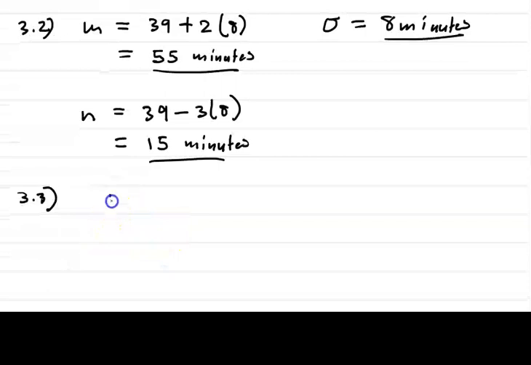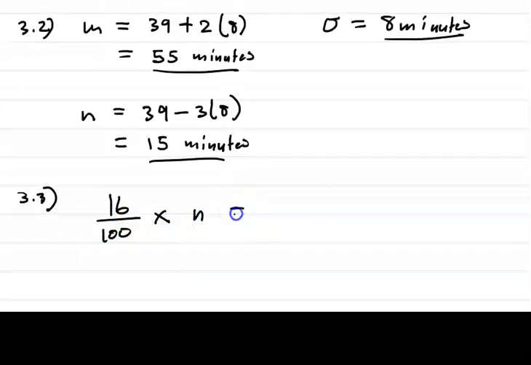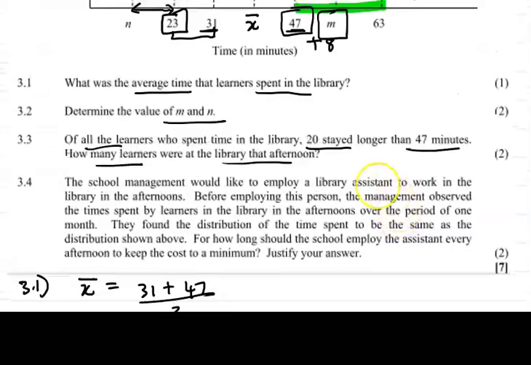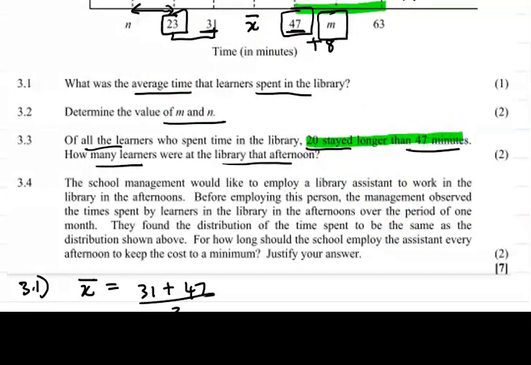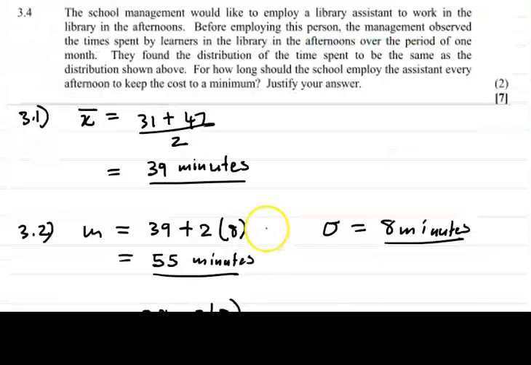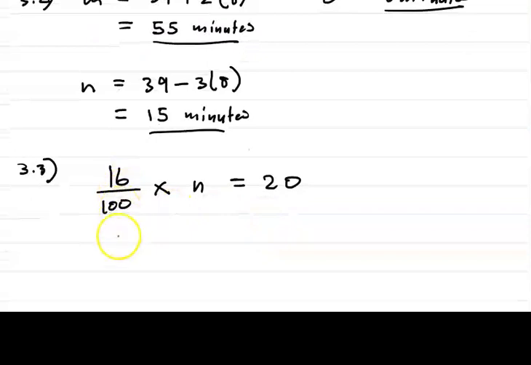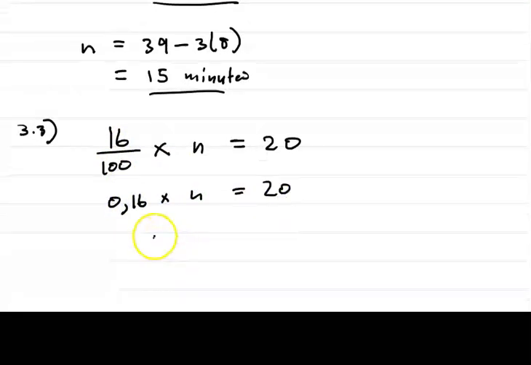We can simply say 16%, which is 16 over 100, times n, the number of learners, equals 20, because 20 learners stayed longer than 47 minutes. Therefore, we just solve for n. 16 over 100 is 0.16, times n equals 20.